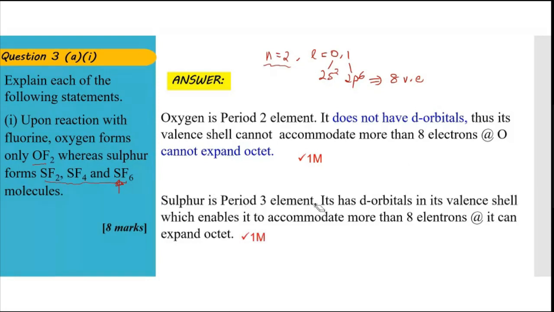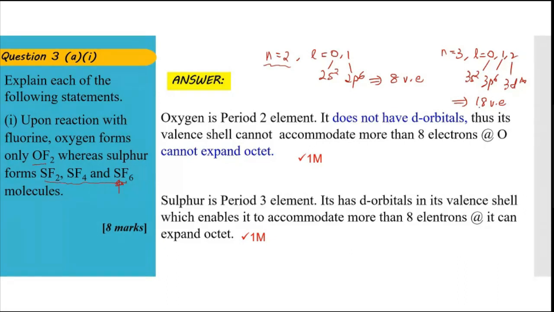Sulfur is a period 3 element, so n equal to 3. When n equal to 3, l equal to 0, 1, 2. 0 is the 3s orbital, 1 is the 3p orbital, and 2 is the 3d orbital. If we fully fill every orbital with electrons, maximum 2, maximum 6, maximum 10, in total it can take up 18 valence electrons in forming bonds with other elements.